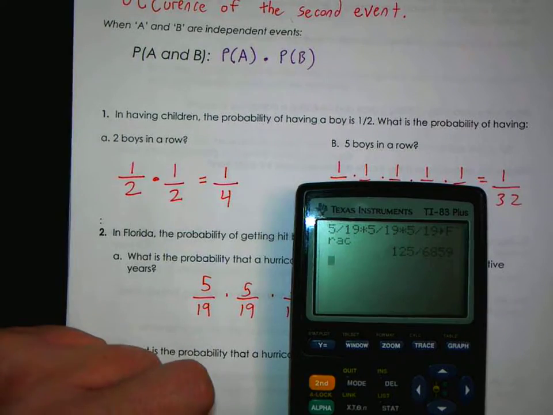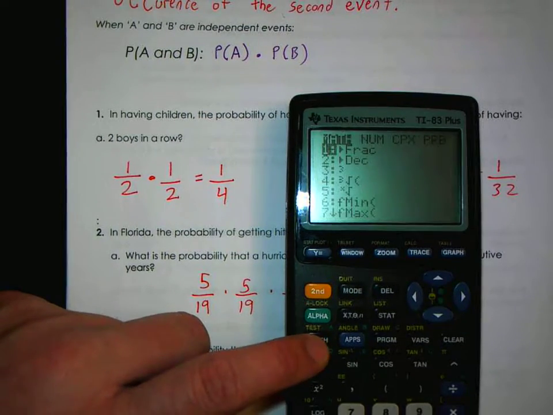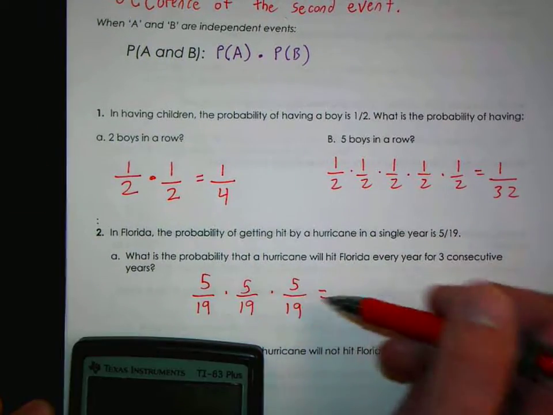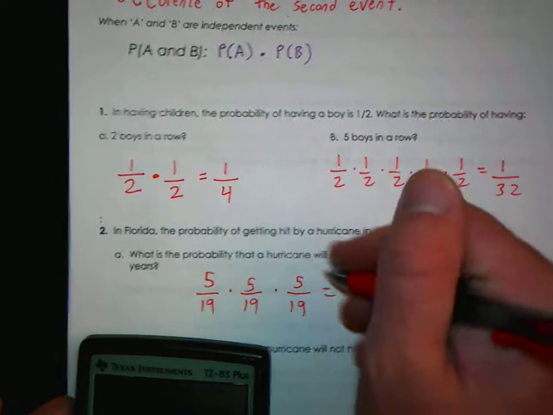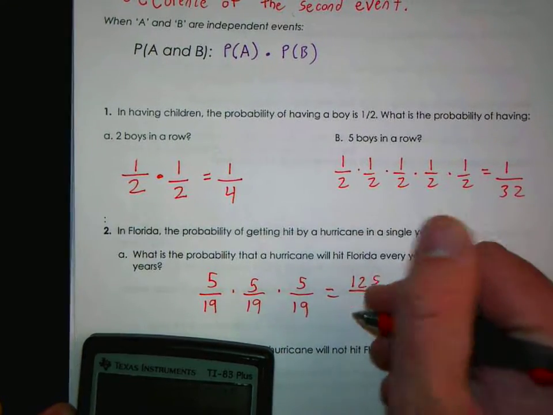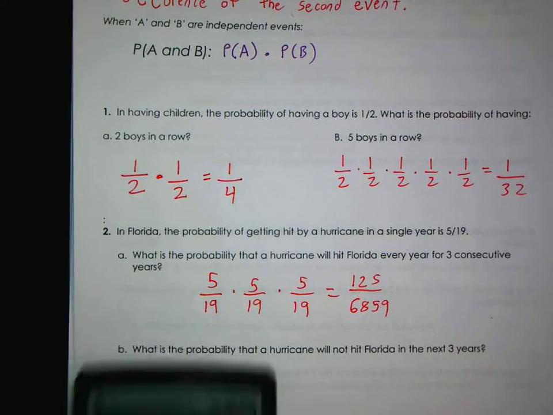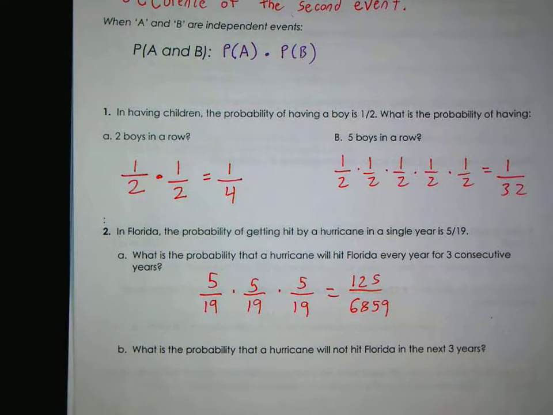So math right here, and then math. Enter changes it, or you could just take 5 times 5 times 5, you get 125. 19 times 19 times 19, 6859. Reduce it if you can. Change it to a decimal if you want, or a percent, depending on what the problem's asking. Okay? Questions?